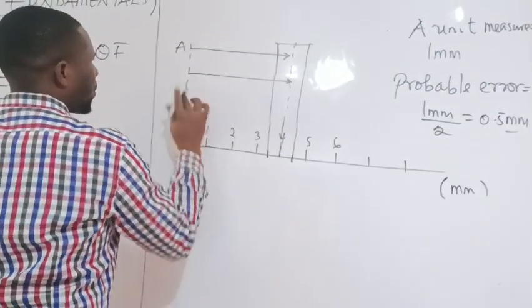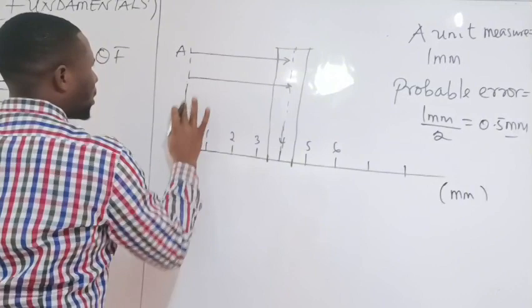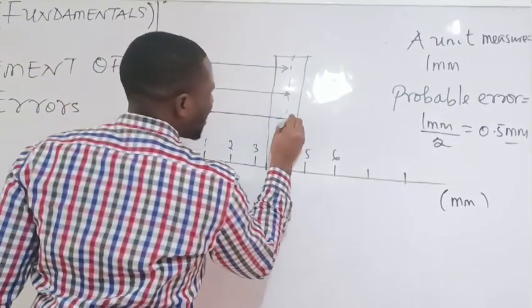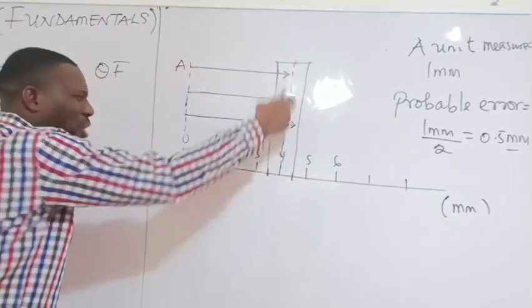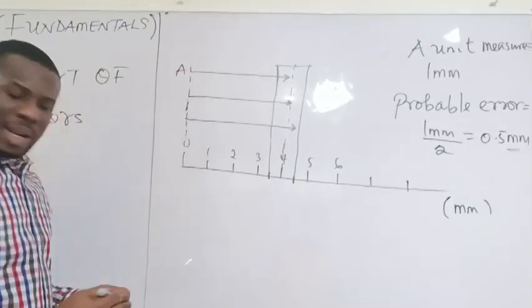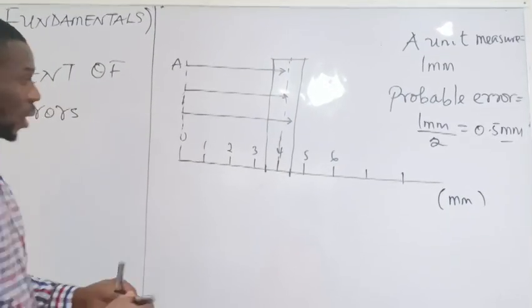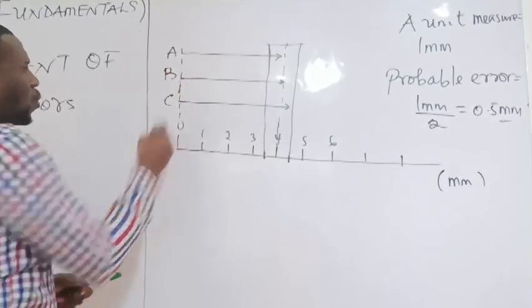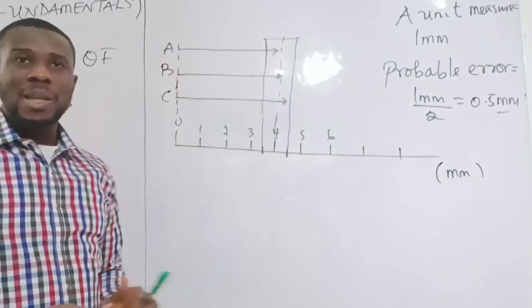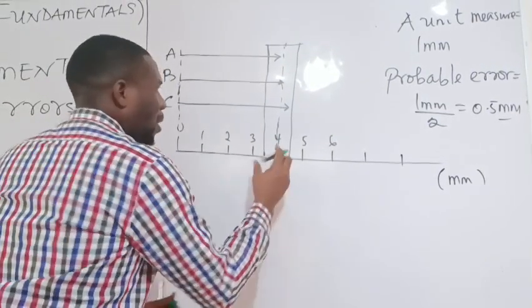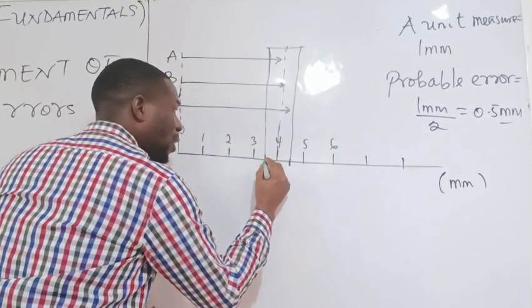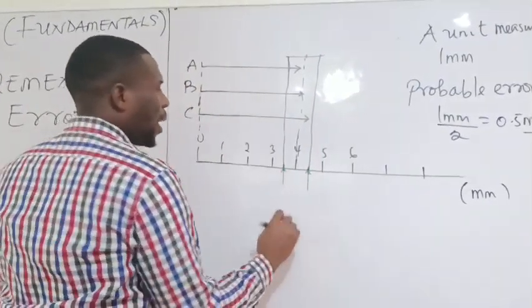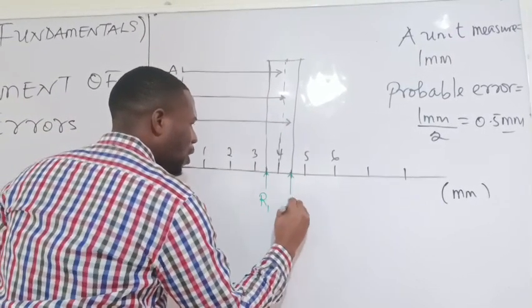And the third person, person C, measured and exceeded the actual or true value just a little bit. Now, this is really telling you and I something interesting. Persons A, B, and C would report their answers as 4 millimeter. Why? Because if you look at this, the half of the unit measure, which we call the probable error, is the range in which we could figure this out.